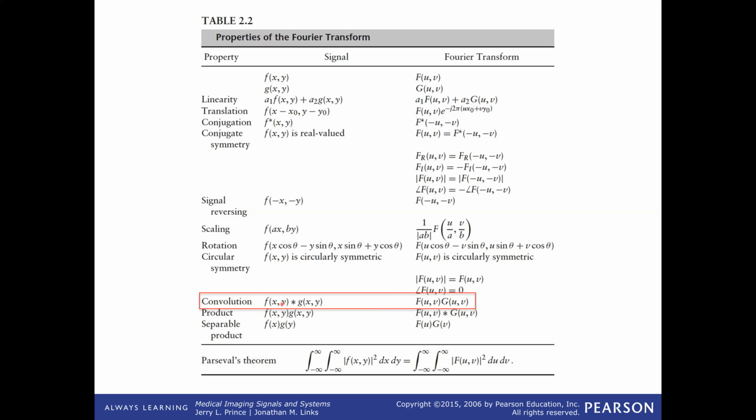So for example, if it's a low pass filter, that means low frequencies get through and high frequencies get attenuated, then my function in Fourier space will be high at the origin and at the low frequencies, and it will roll off at high frequencies and eventually cut off the high frequencies. It's called a low pass filter.